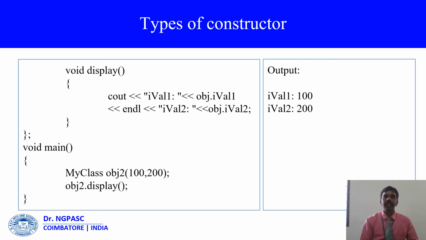The class also contains a member function display which accepts and returns nothing. The behavior of the member function display is it just displays the values of ival1 and ival2.